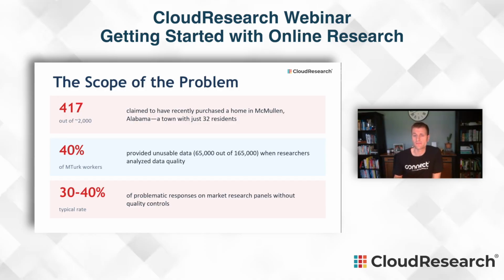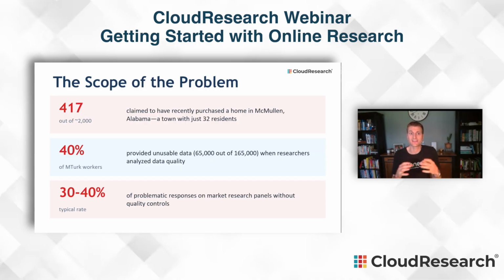Somewhat similarly, at CloudResearch, we have a data quality tool that's called Sentry. And a number of different companies that rely on market research panels will use Sentry. They'll have participants go through it before they enter a market research survey. And thanks to its position and how it's used, we have hundreds of millions of people who pass through Sentry every year as a data quality tool.